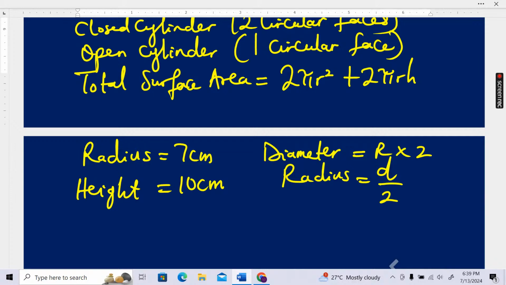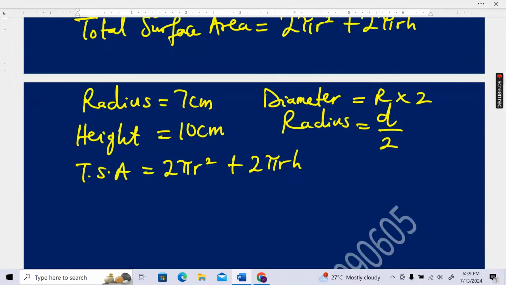All right. So now let's analyze. Let's simplify the formula. Total surface area is equal to 2 pi r squared plus 2 pi rh. Now, in mathematics, there's something we call factorization. So we can factorize this formula by picking the common factors. 2 pi r is in the first term on my left.